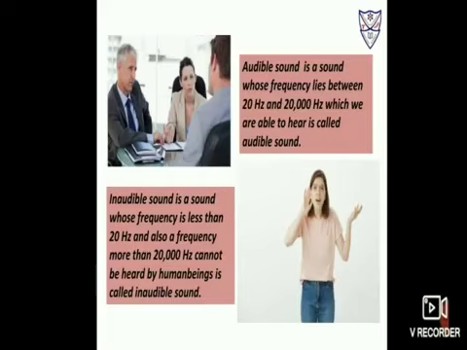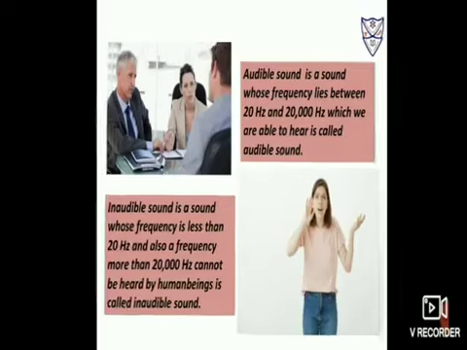So sound whose frequency lies between 20 Hz and 20,000 Hz, which we are able to hear, is called audible sound. An inaudible sound is a sound whose frequency is less than 20 Hz or more than 20,000 Hz, which cannot be heard by human beings.